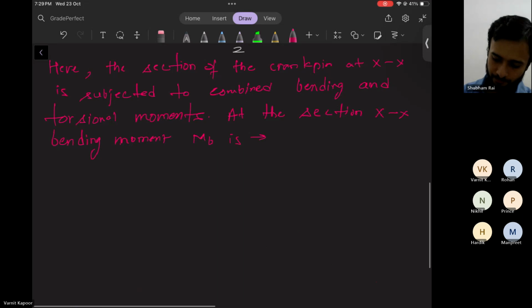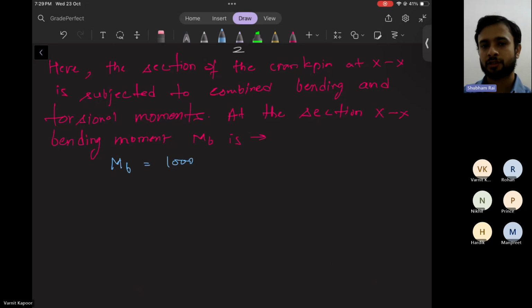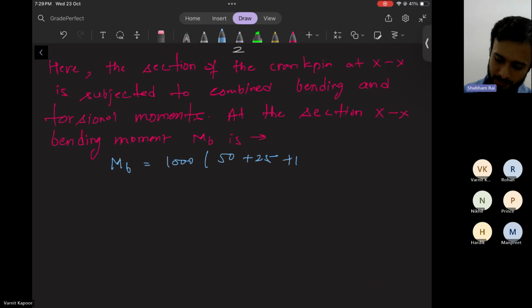So let me just write. The bending moment is 1,000 times, because 1 kilonewton force P is acting, times 50 plus 25 plus 100, because this is the horizontal distance between section XX and the point where the force is acting.